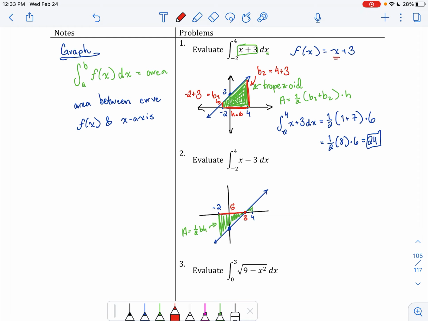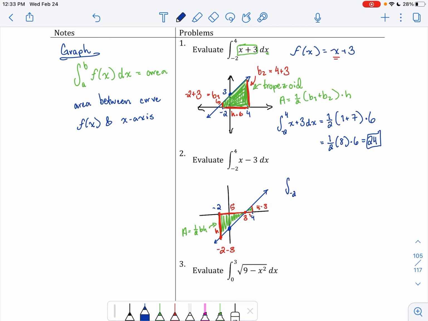And the height is here, and that would be -2 minus 3, so the height is -5. Here we've got a base of 1 and a height of 4 minus 3, which is also 1.